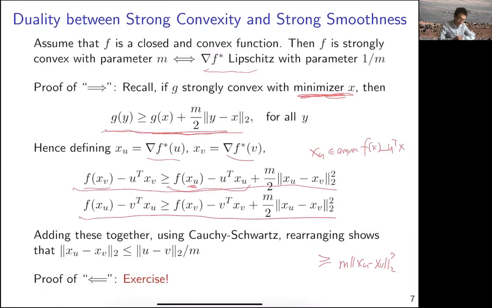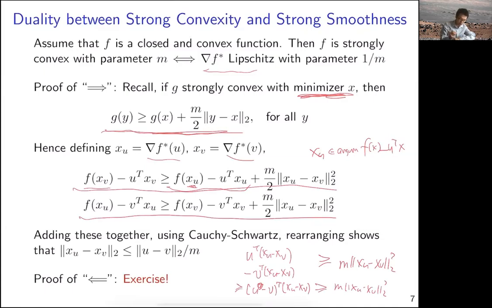So we will have u transpose xu minus xv, and then we'll have minus v transpose xu minus xv. If we collect everything together, we'll have u minus v transpose xu minus xv, and this is smaller than m xu minus xv squared.